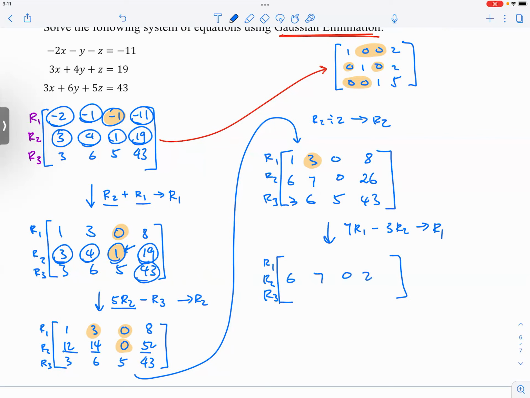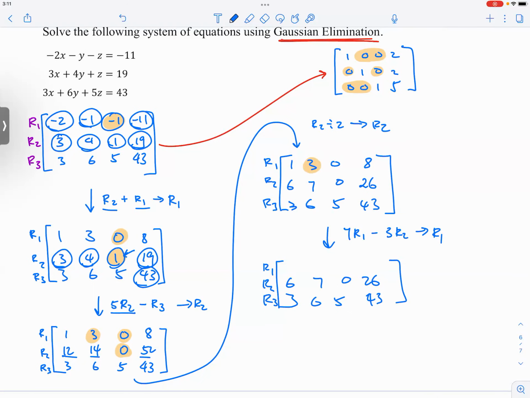So 6, 7, 0, 26, 3, 6, 5, 43, and then, so 7 times R1, which is 7, 7 minus 18, negative 11. 7 times 3 minus 3 times 7, that will be 0. That would be also 0.